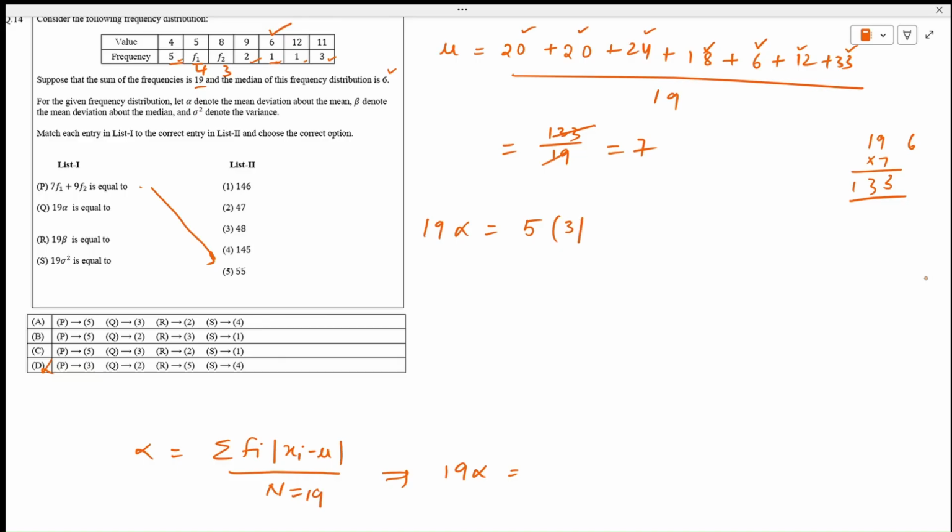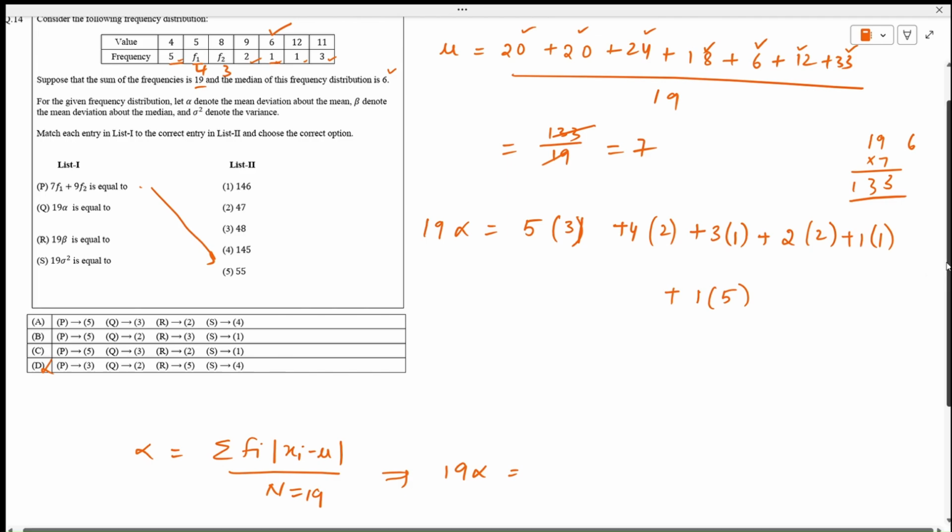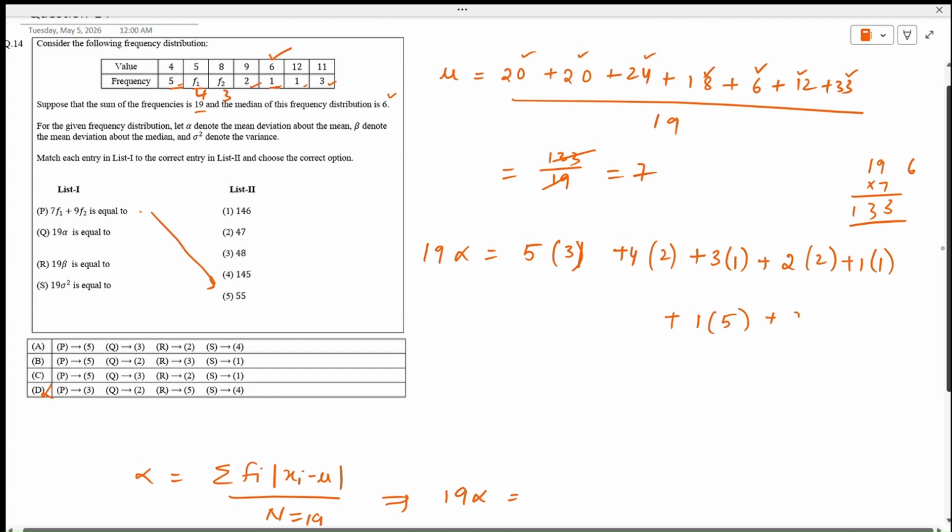Then the second frequency is 4 into 5 minus 7, 2, plus the next frequency is 3 into 8 minus 7, 1, and then 2 into 2 because 9 minus 7 is 2, plus 1 into 1 because the modulus of 6 minus 7 is 1, and then 1 into 12 minus 7, 5, and finally 3 into 11 minus 7, which is 4.